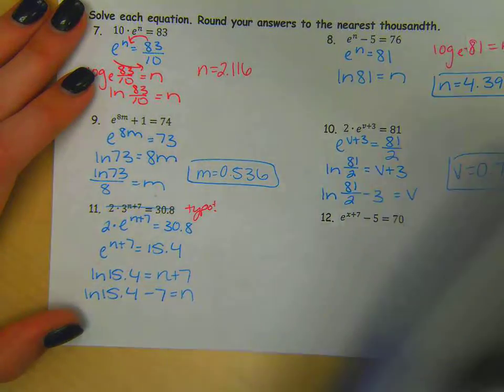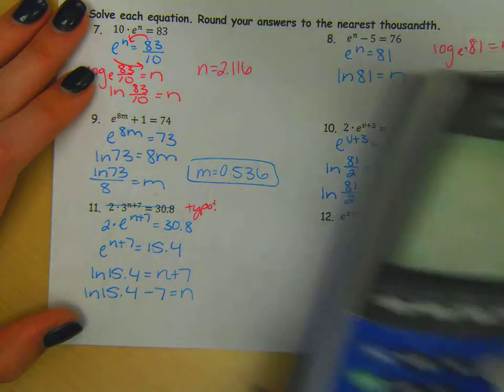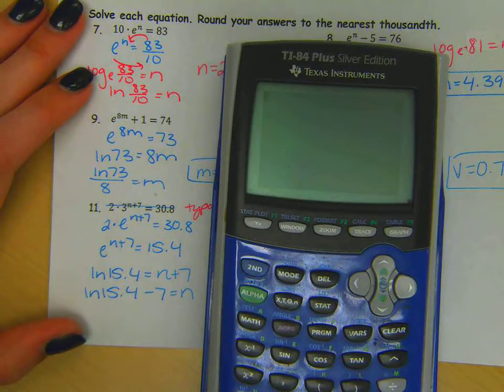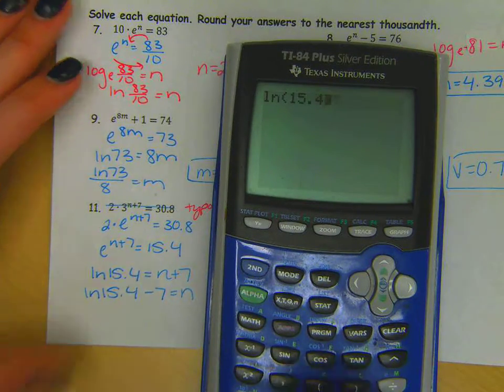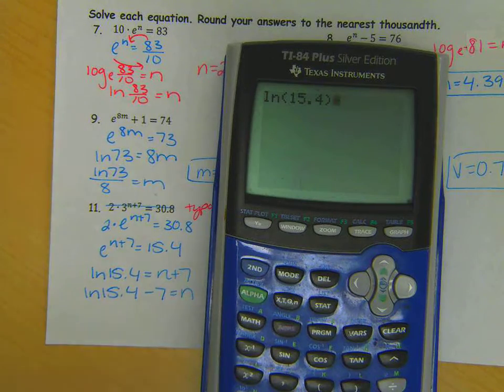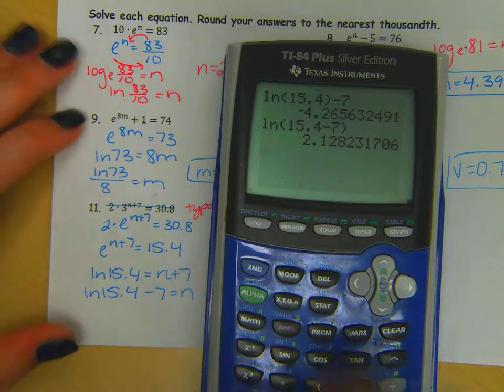And when we plug things like this into our calculator, I didn't explain it with number 10, but let's go through with number 11. We've got the natural log of 15.4 closed parentheses, and then we subtract the 7. If I did not include that, if I did 15.4 minus 7 all within, we would not have the same answer. So we have to make sure that we close the parentheses after we calculate the natural log of that value.